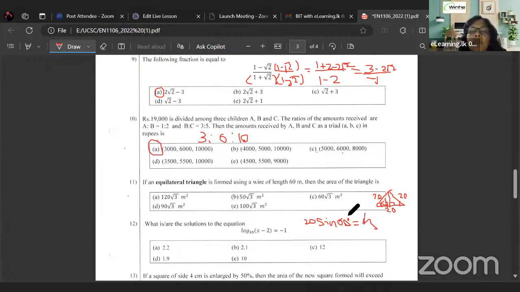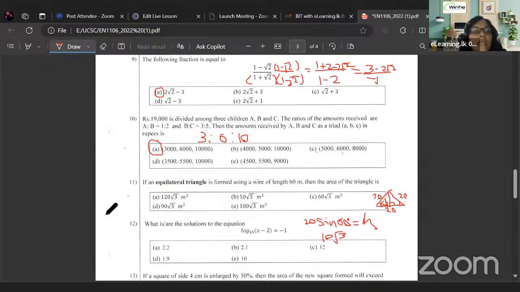You know sin, what is the value of sin 60? Square root 3 divided by 2. Right? Then 10 into square root 3 is the height.